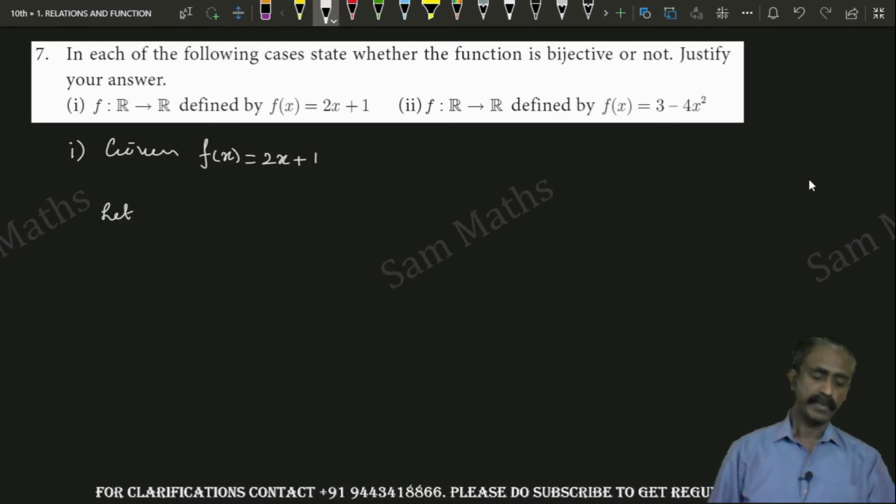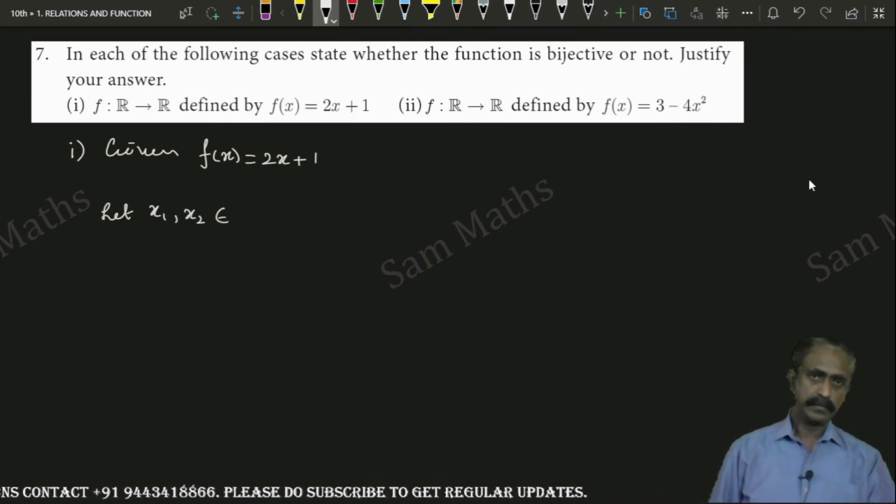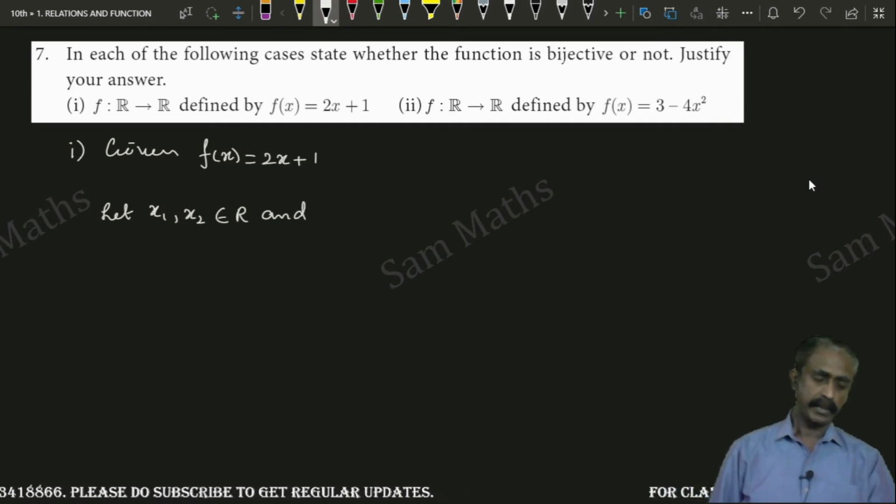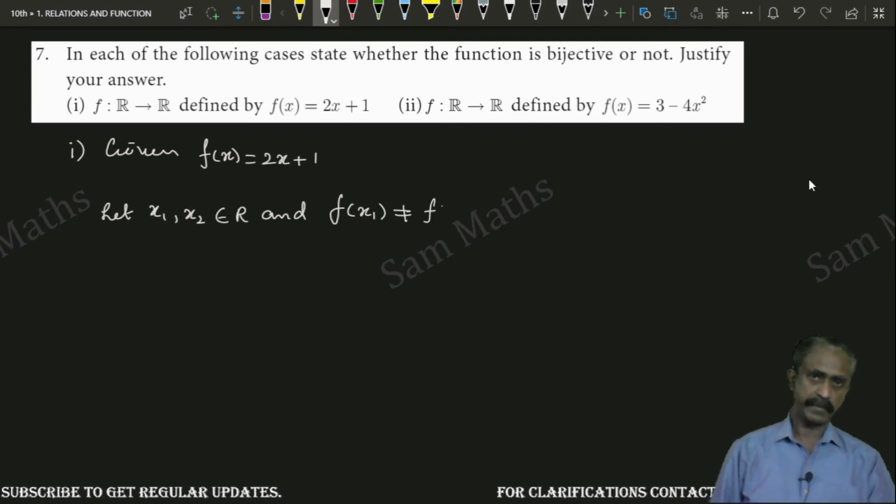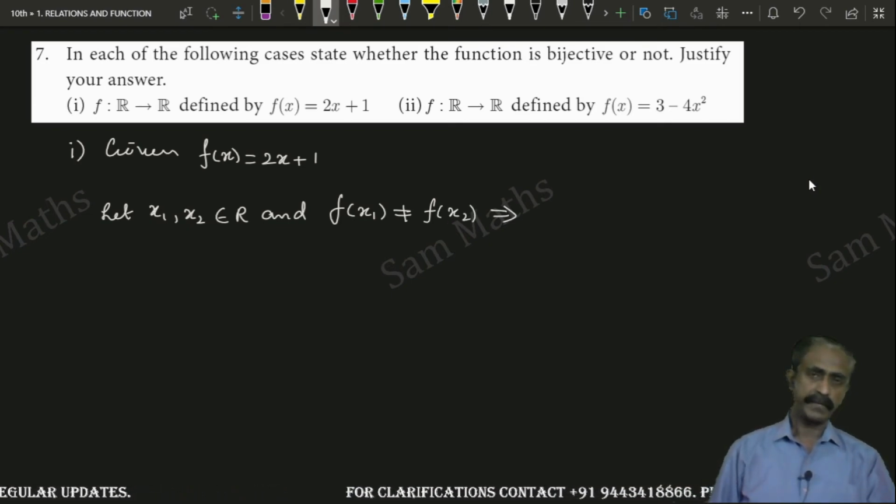Let x1, x2 belong to R and f of x1 is not equal to f of x2, which implies f of x1 is not equal to f of x2.